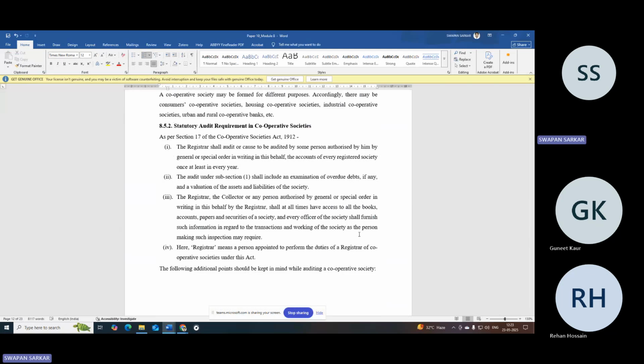The registrar means a person appointed to perform duties of a registrar of the cooperative societies under this act.